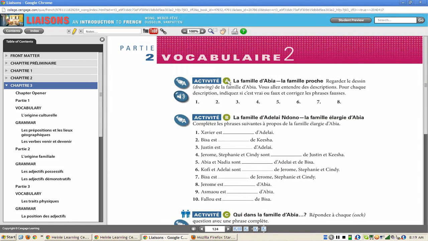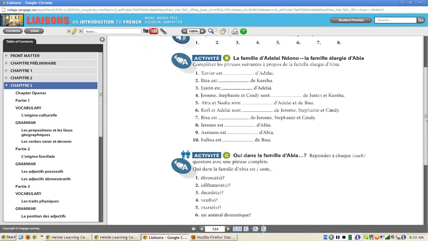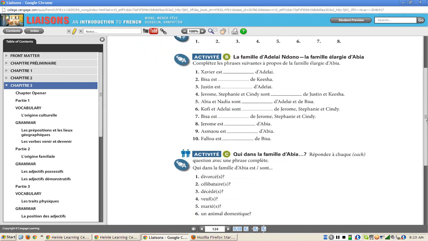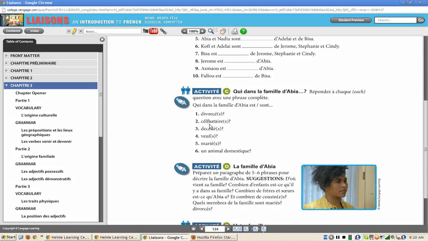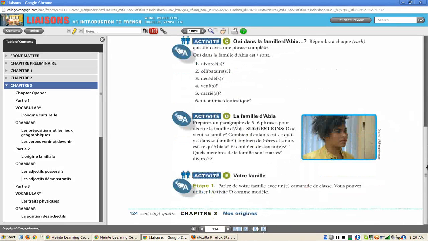So here is one activity. Here is another activity where you're just going through the family and talking about le frère de, la sœur de, and then talking about marital status, divorcé, célibataire, décédé, veuf, marié. And then you have this great activity, la famille d'Abia.